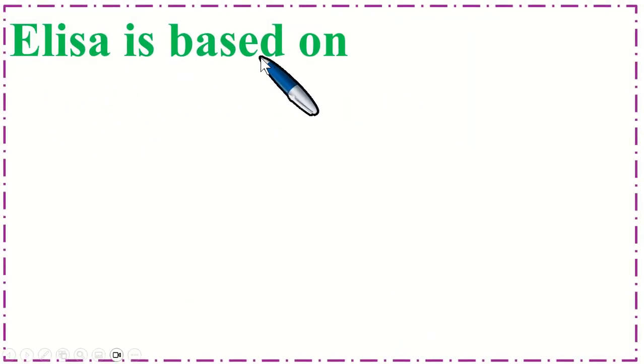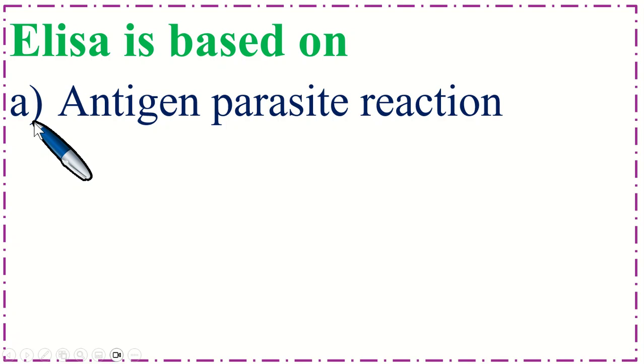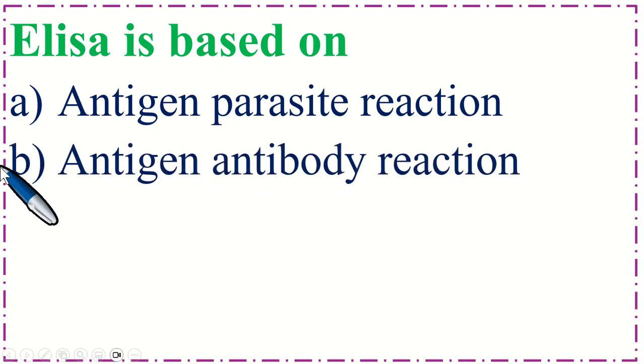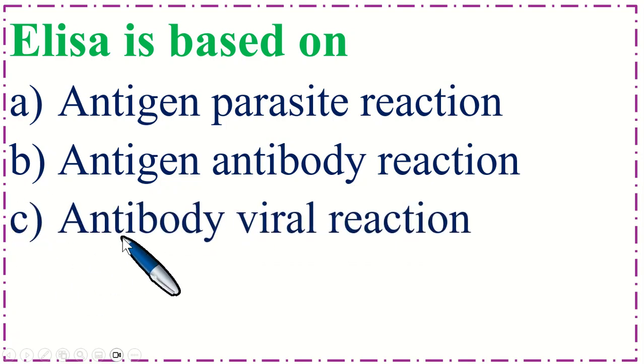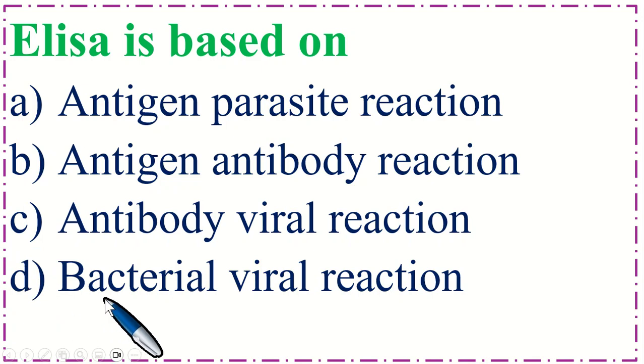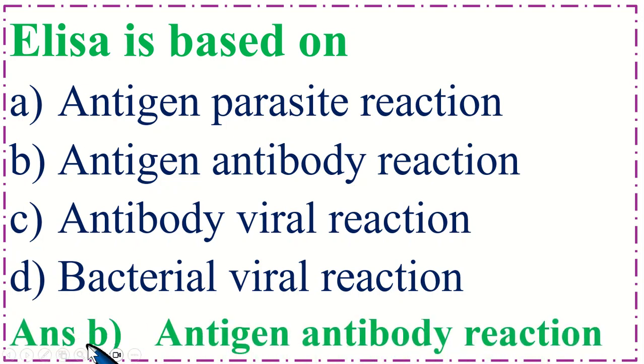ELISA is based on option A, antigen parasite reaction; B, antigen antibody reaction; C, antibody viral reaction; and option D, bacterial viral reaction. Correct option is B, antigen antibody reaction.